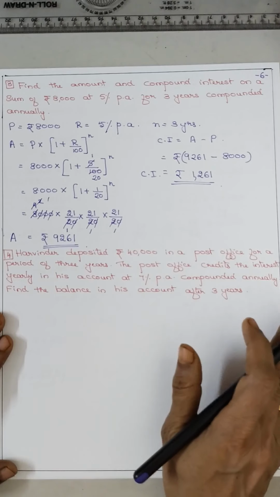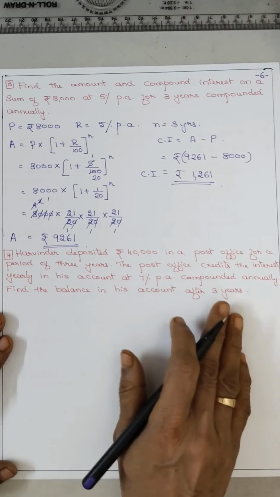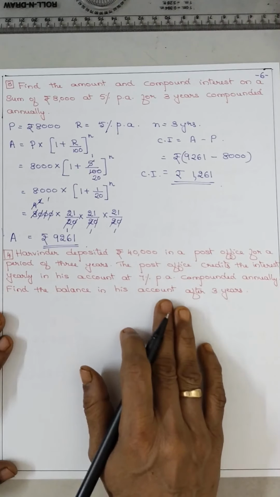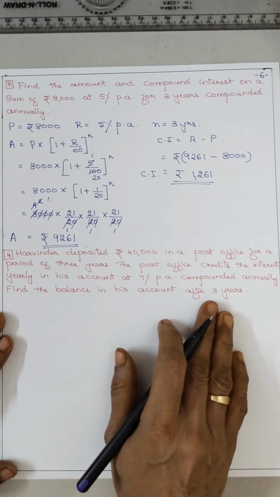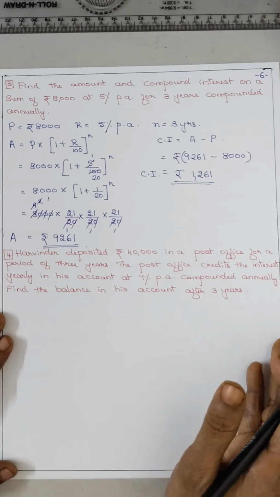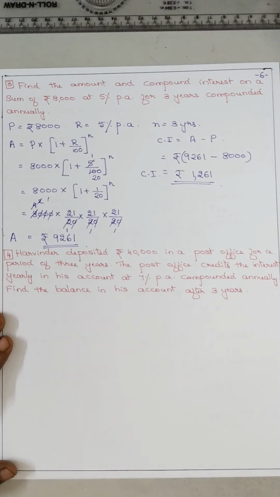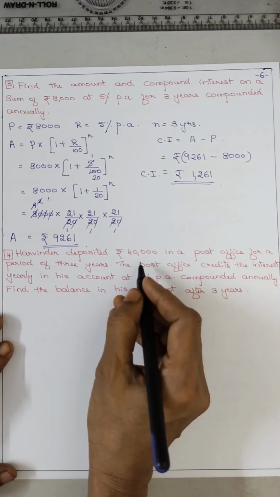Compounded annually means compound interest. Find the balance in his account after 3 years. Balance means at the end of 3 years, what is the amount in his account? That means the amount you have to find out.